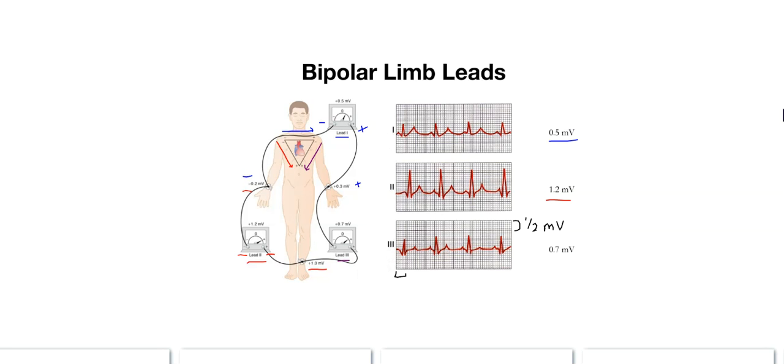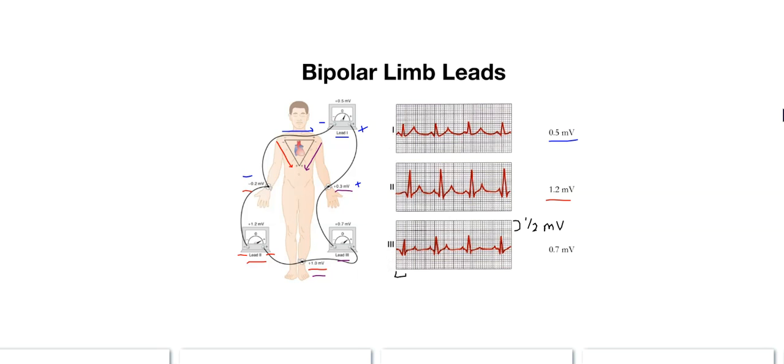Same thing here. You're starting at baseline, going up about 1.2. What about for lead 3? Lead 3 gives you what? Positive is attached to where? Positive 3.